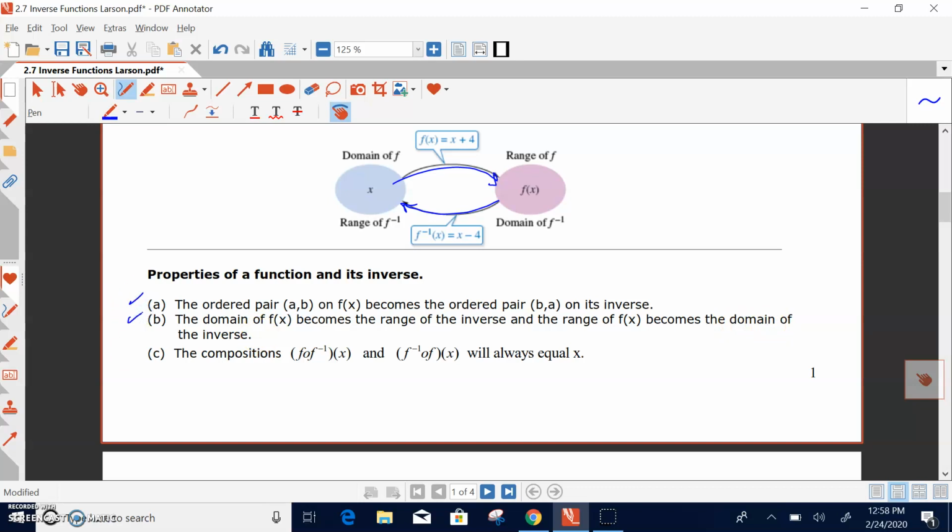Last property, when you do the compositions of f and f inverse, it will always equal the function x. So that's what we're looking at. So we've got those properties that we're going to use in determining if we have inverses, what they look like, what happens with domain and range, and ordered pairs.